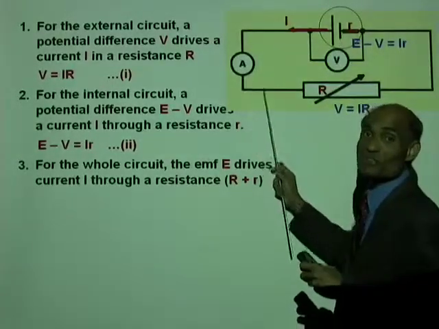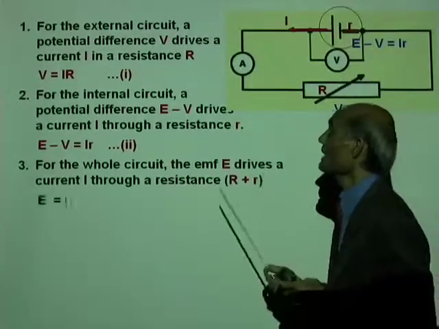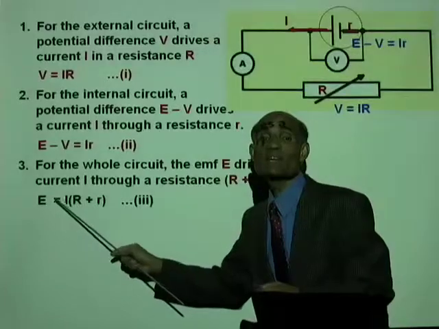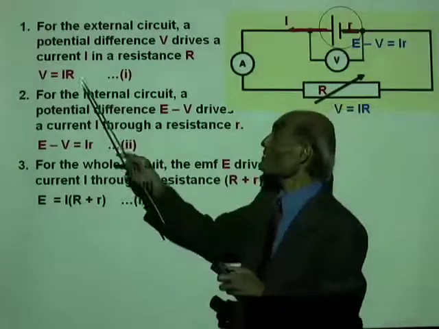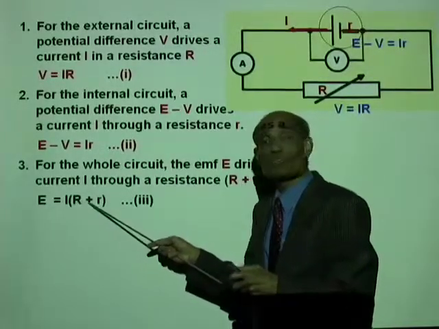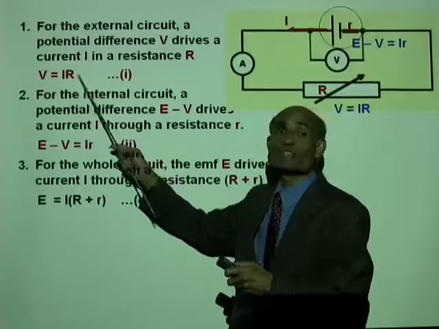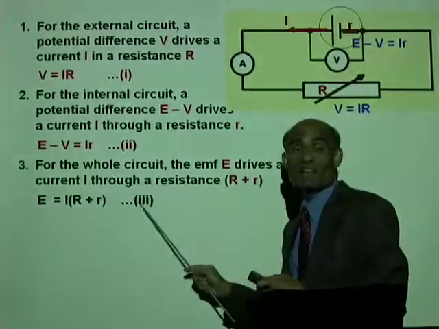The total resistance for the whole circuit is now R plus r, and that will be E equal to I times R plus r. In fact, if you add equation 1 and equation 2, you will get this. The external circuit, the internal circuit, this is external plus internal.